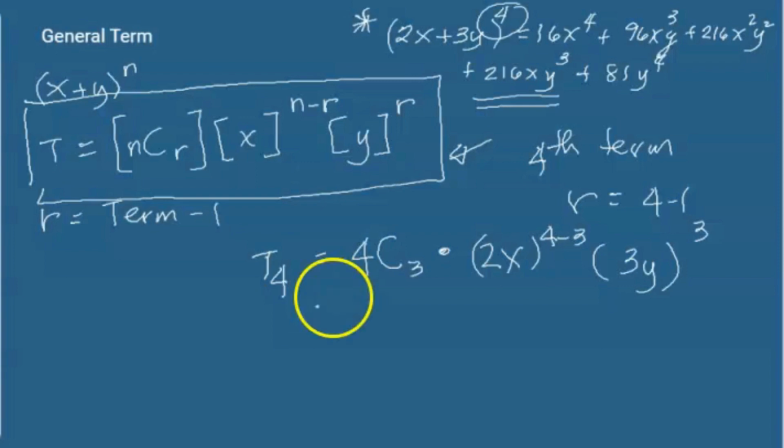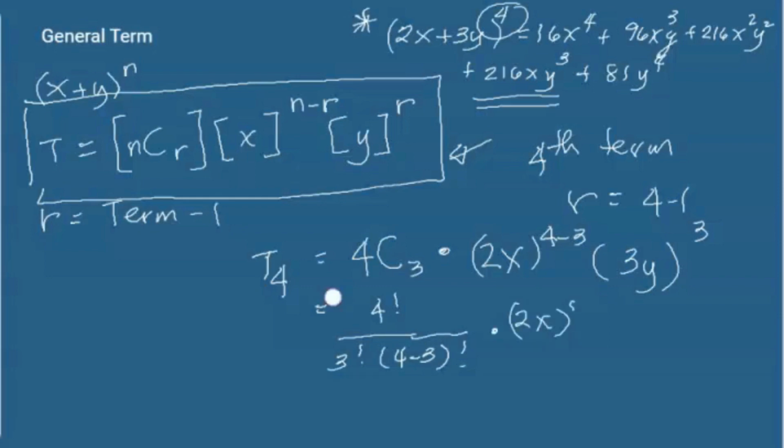And then let's do the combination formula now. So we have 4 factorial over 3 factorial times 4 minus 3 factorial, times 2x raised to the first power times 3y raised to the third power. So let's simplify. So this is 4 times 3 factorial over 3 factorial times 1 factorial.